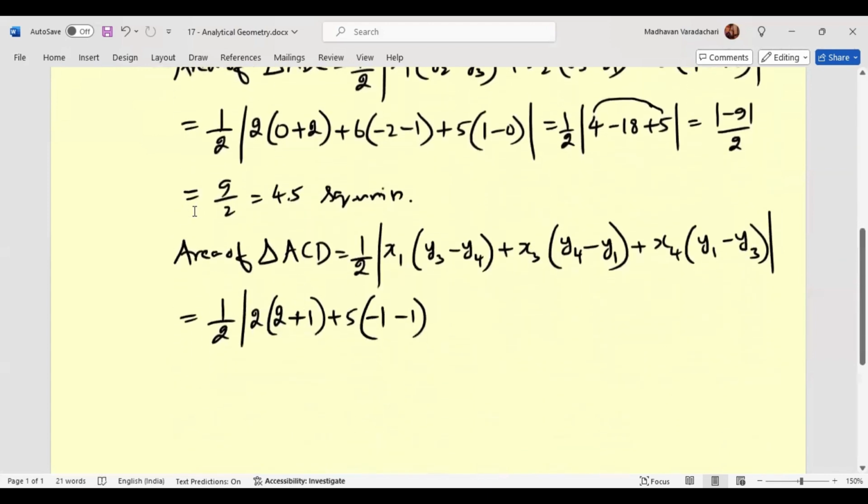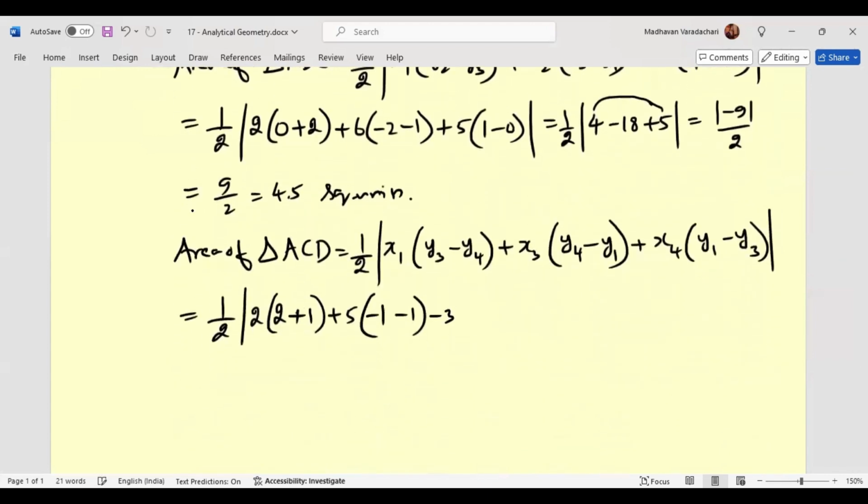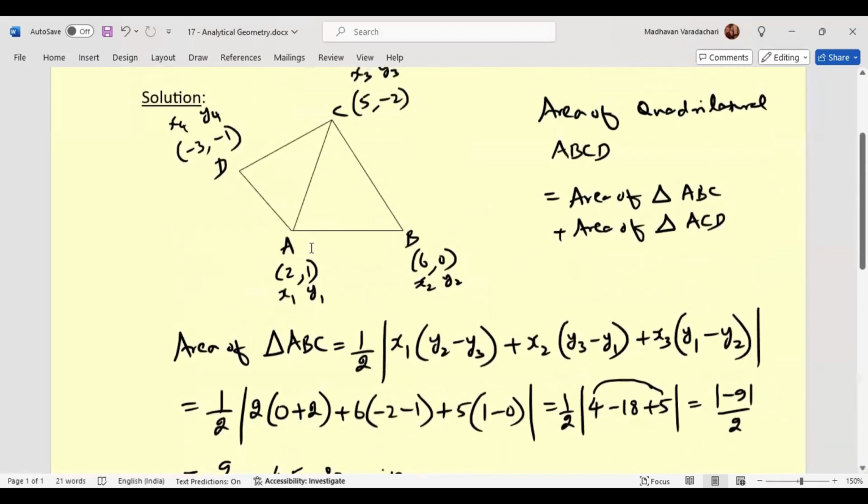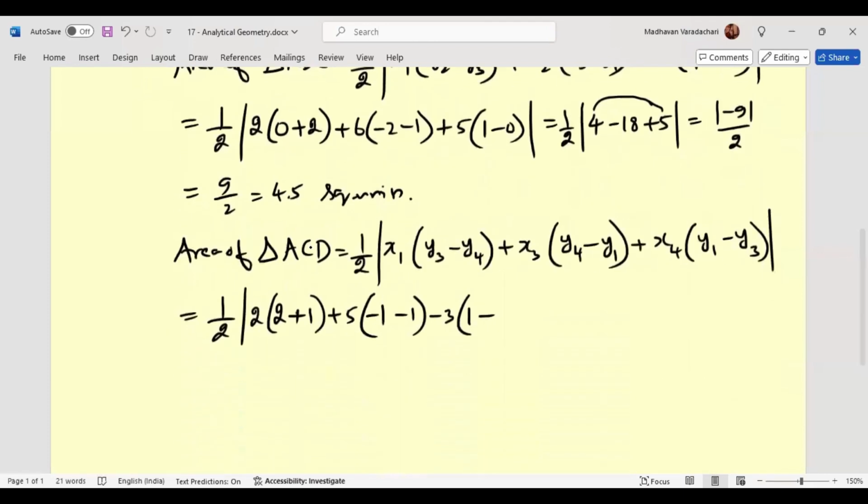So plus, that is -3, times (y1, which is 1, minus y3. y3 is -2, so this becomes +2). So this will become 3 into 2, 6, minus 2 into 5, minus 10. This is 3 into 3, minus 9.